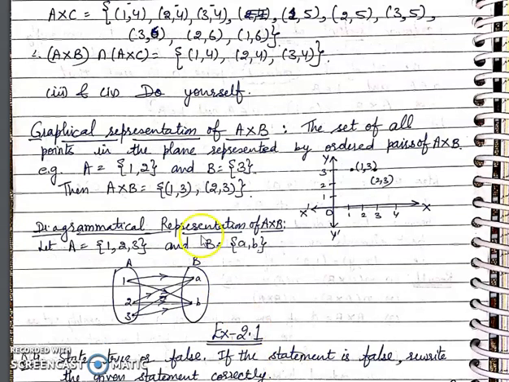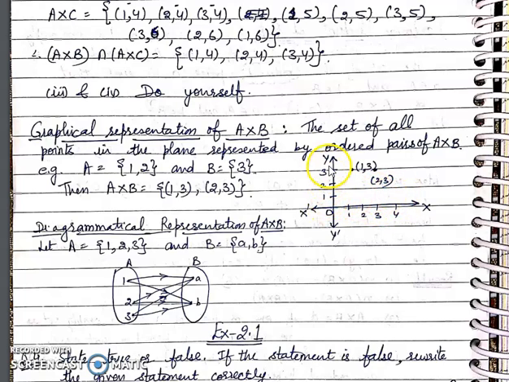Now we can represent this cross product, that is Cartesian product, graphically. In the earlier classes you studied the representation of points in the Cartesian plane.